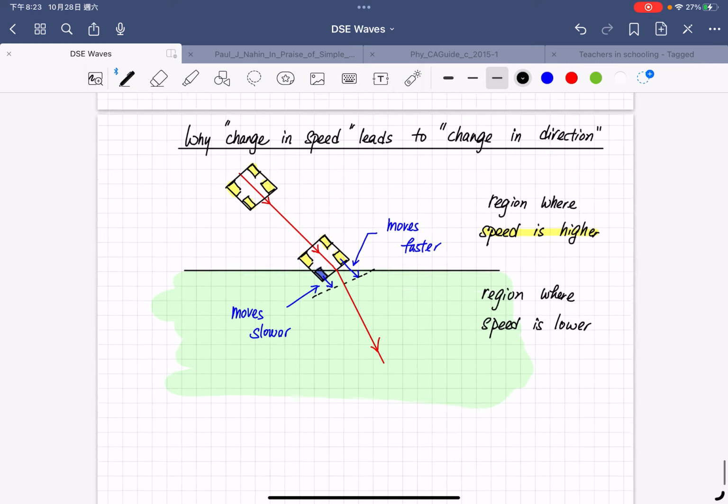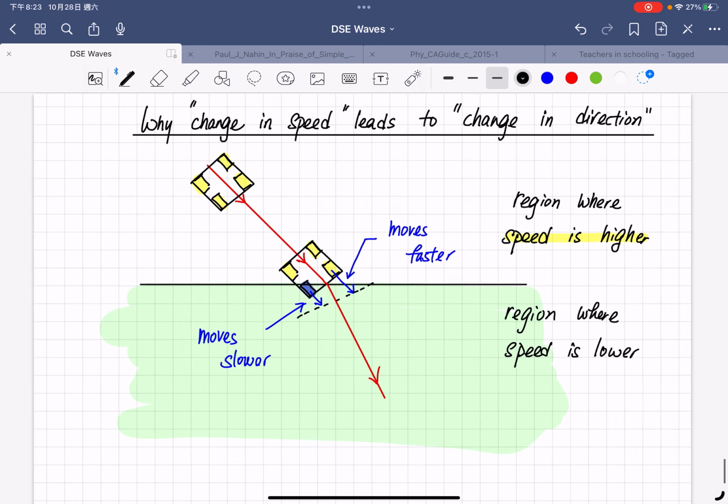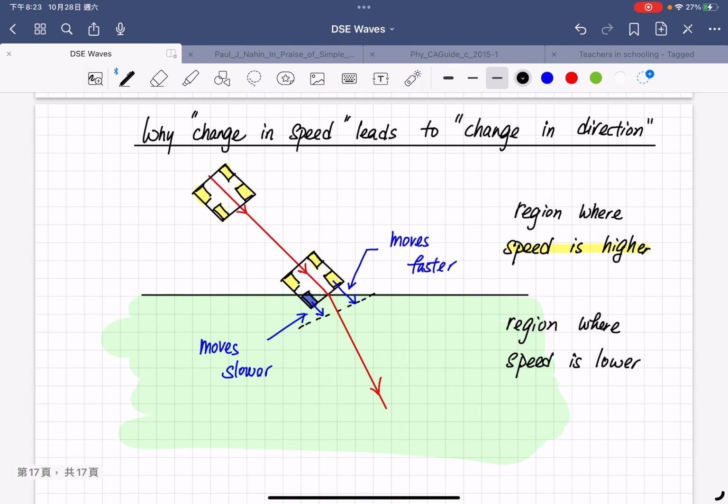So this is just an understanding. This sometimes will help you to solve some problems. But of course, it's very hard to really test this metaphor in the DSE examination. But never mind, this turns out to be quite constructive to know. Well, at least I found it interesting.